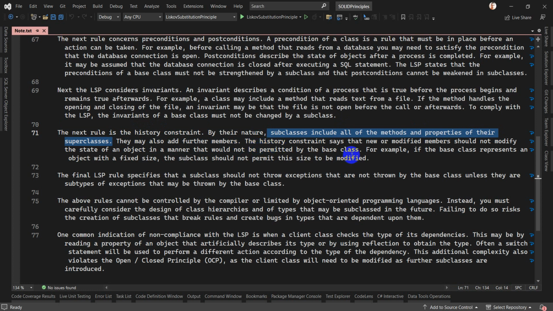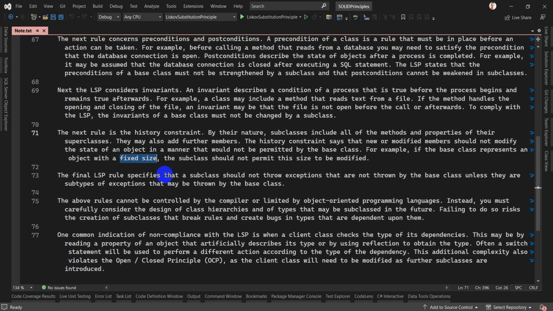So the history constraint says that new or modified members should not modify the state of an object in a manner that would not be permitted by the base class. For example, if the base class represents an object with a fixed size, like a square, we all know that a square is a shape with 4 sides and the length of each side is of a fixed length or a fixed size, right?